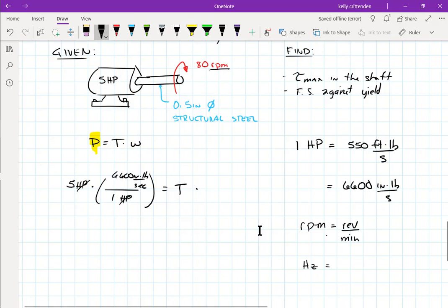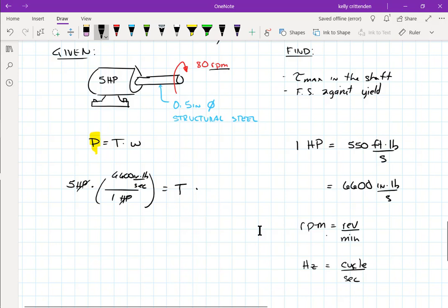You might think of Hertz as something to do with electricity, which it also is, but a Hertz is actually a generic thing that just means a cycle per second. In this case, the cycle is a revolution, whether it's an oscillating current in an electrical setting or a shaft spinning around at some speed. So, cycles per second, or RPM, revolutions per minute.